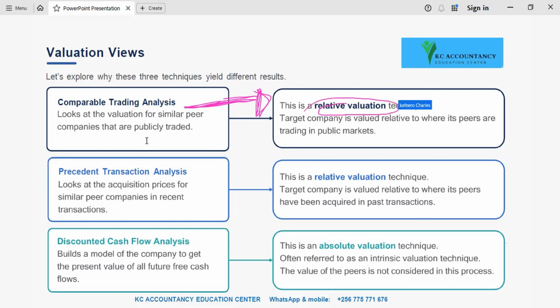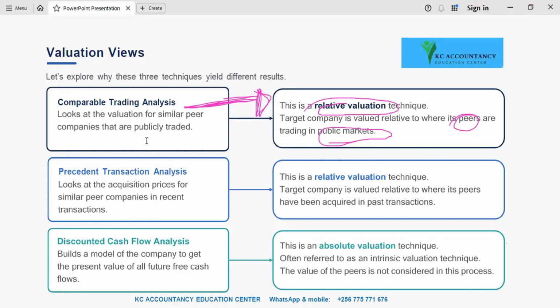This means that the value for the target company is assessed relative to its peers and where they are trading in public markets. We look at the value in relation to the peers and where they are trading in the public market or stock market.